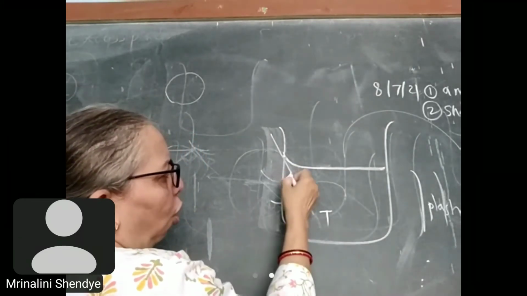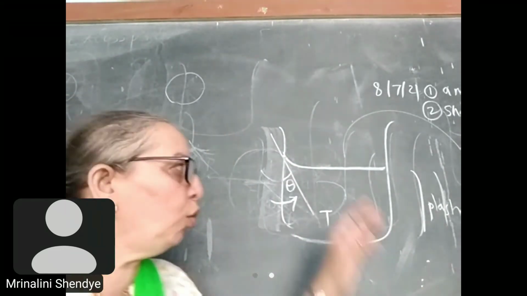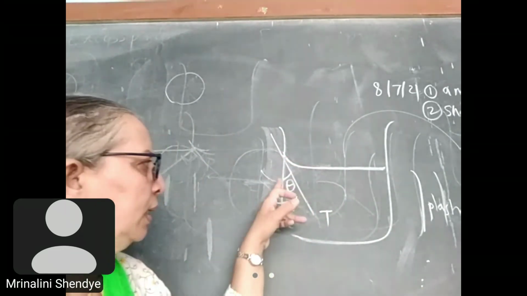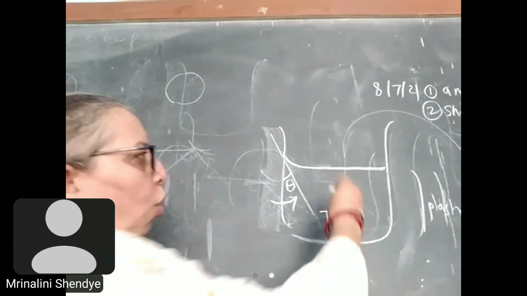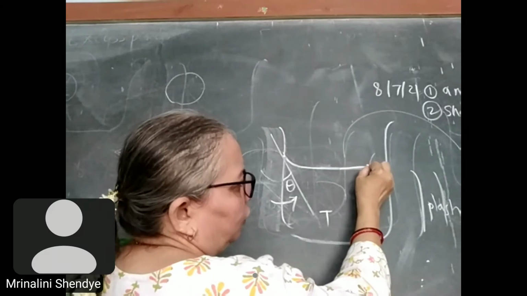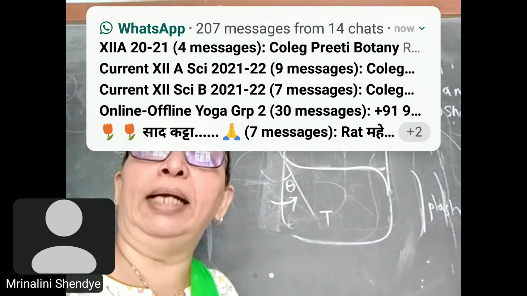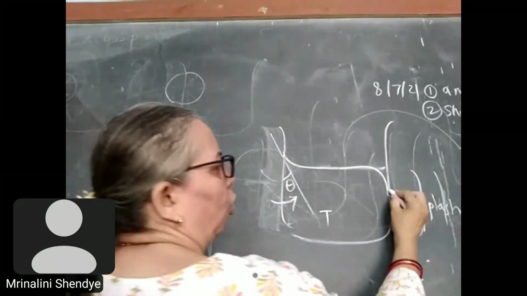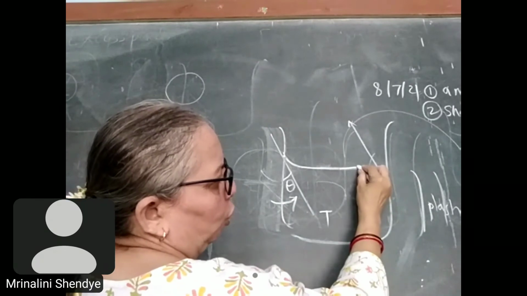This is called angle of contact theta. So when a concave meniscus is formed, theta is always acute. When a convex meniscus gets formed, now we have to draw the tangent, so you will draw the tangent like this.